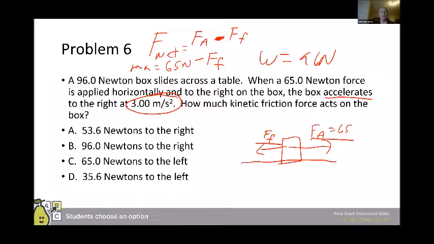So let me solve that equation for FF first of all. I'm going to add FF to both sides. And then I'm going to subtract MA from both sides. So I end up with FF equals 65 newtons minus MA.